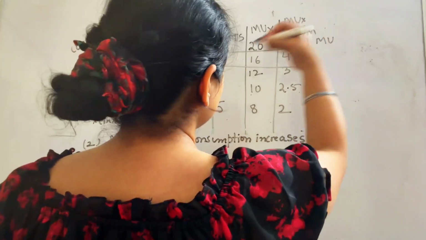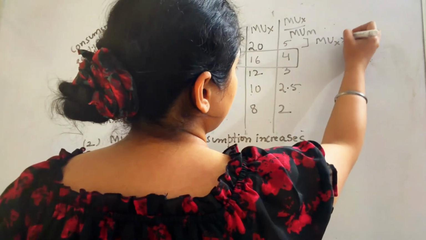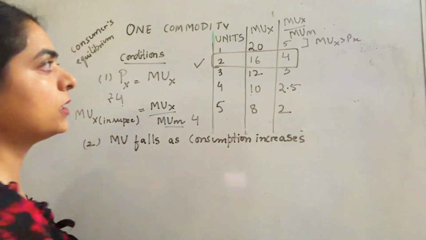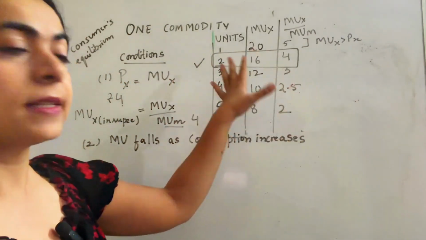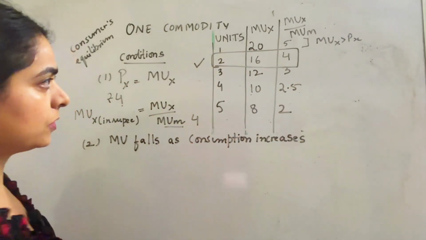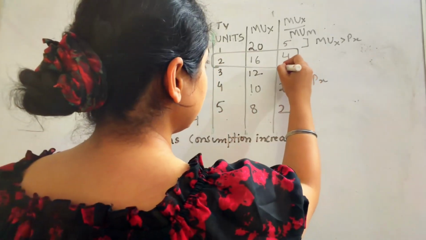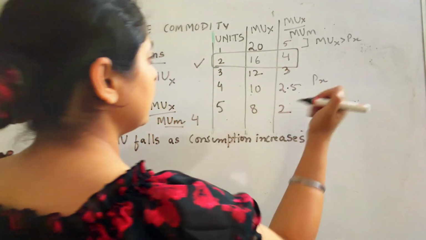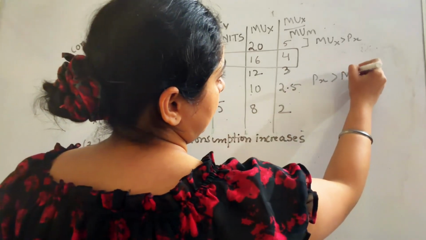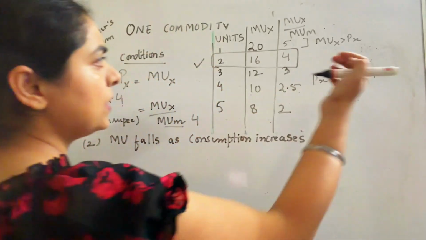Before the second unit, since MUX is greater than PX, he will keep on consuming till the second unit. And after the second unit, the price of X, 4, is greater than 3, 2.5, 2, so he should decrease his consumption.